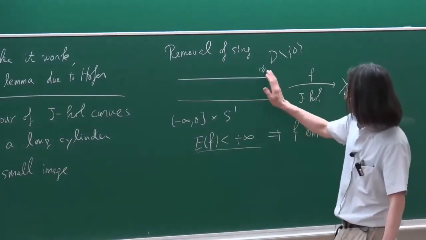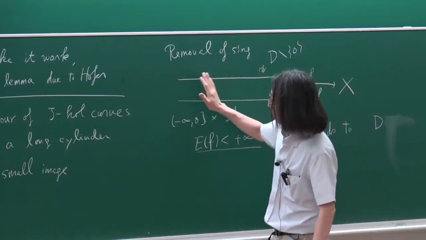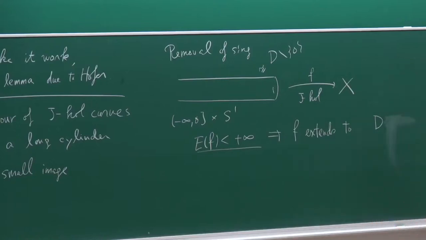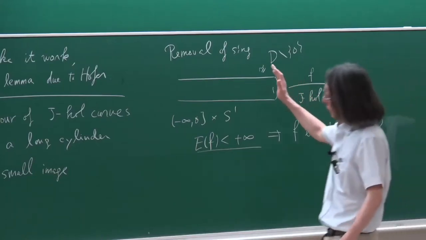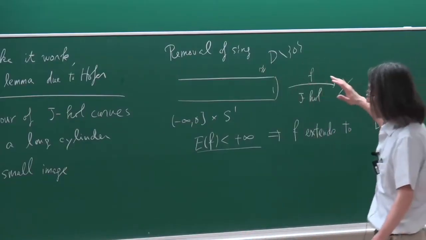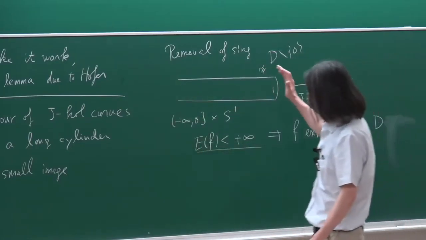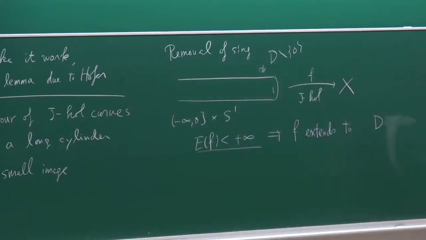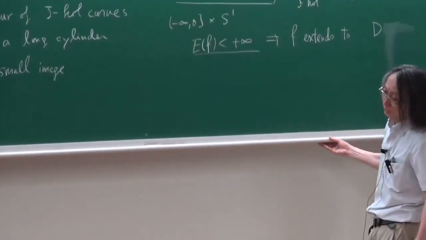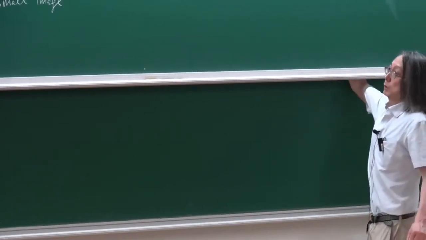So last time I said that if you consider the behavior of the energies, and then you have a certain differential inequality in the end, then from this differential inequality you can show that the energy density decays exponentially, and so in particular it extends continuously over the puncture, and also we have Hölder continuity, or if you look at the derivative, then the derivative belongs to the W^{1,p} class.